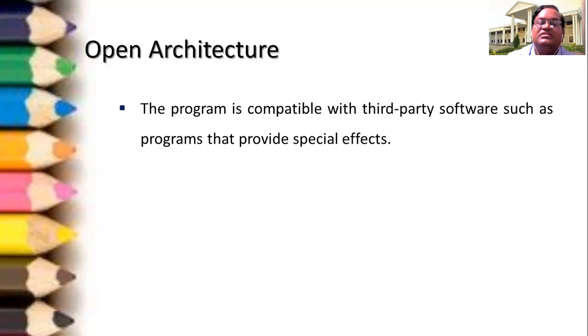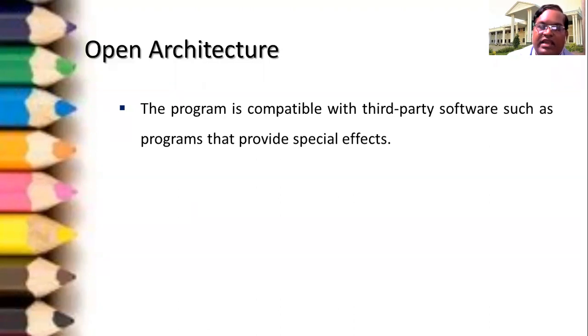And the last graphical feature is open architecture. Here the programs are compatible with third-party software. They very easily adapt with any other programs that give special effects. Graphics doesn't require any one single type of software.